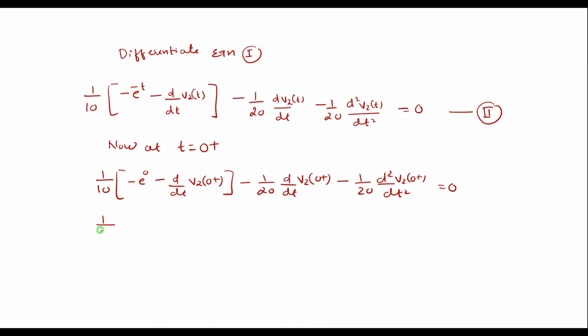Simplifying this further, 1 over 10, so its value is, sorry, this is minus e power 0 is 1, that is minus 1, minus d by dt V2 of 0 plus.